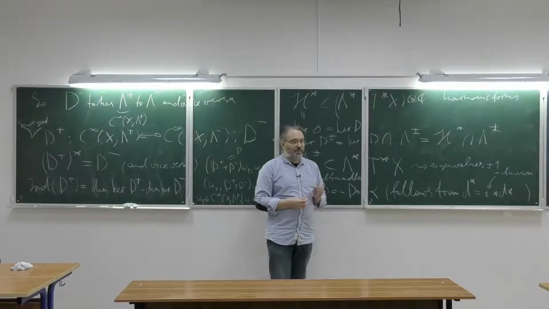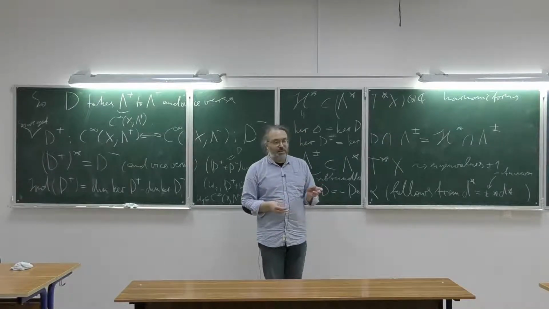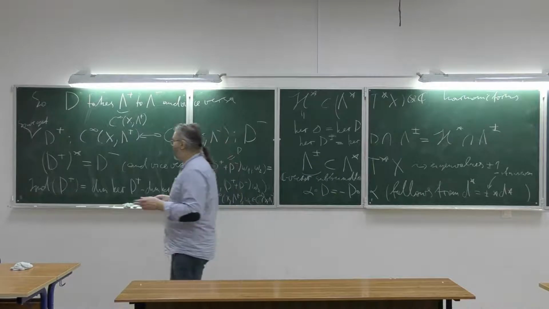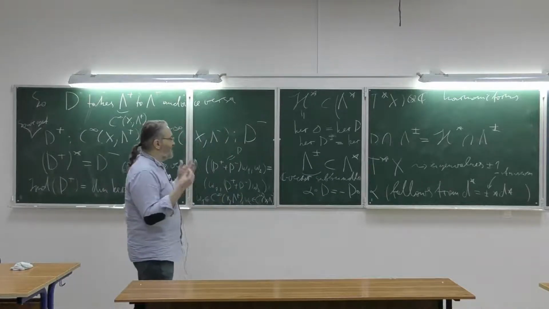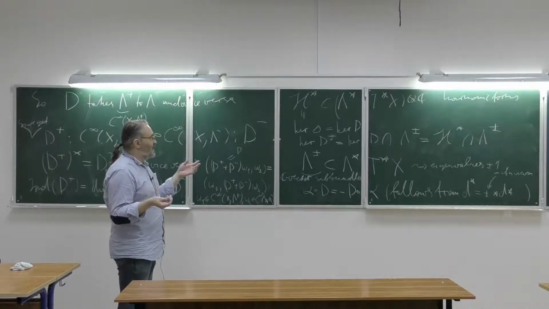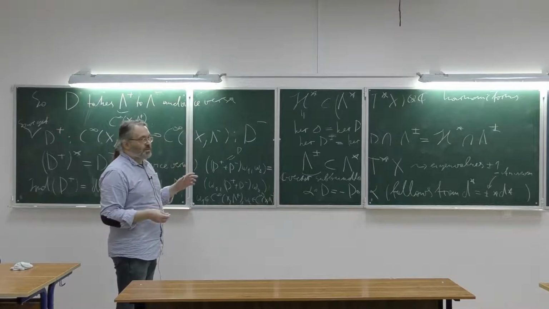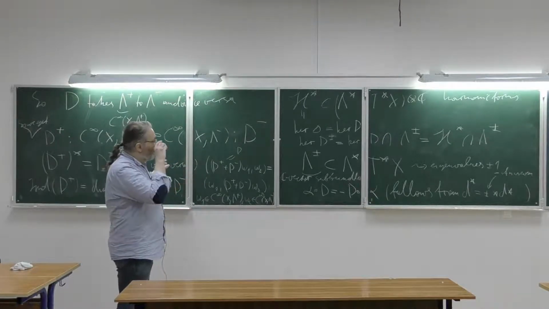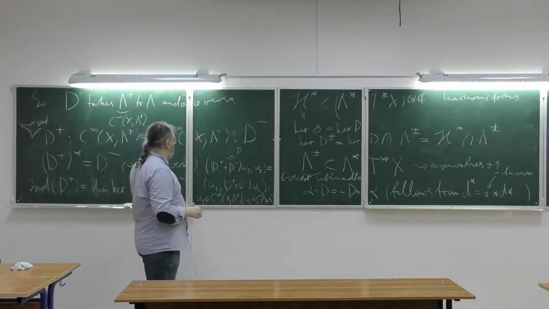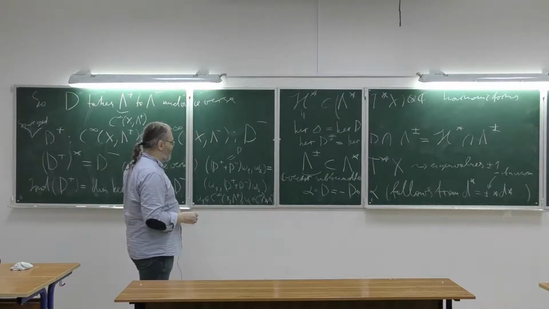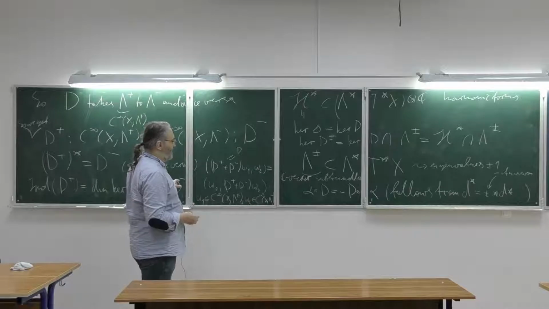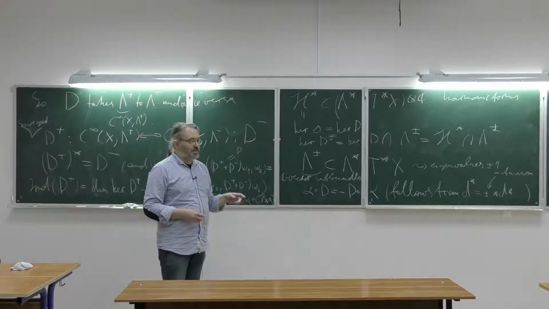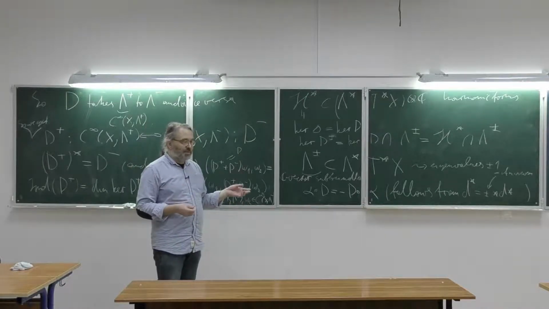And d, so what does it mean restricted to lambda plus? It means restricted to sections of lambda plus. So if I have a section of lambda plus, then d of the section is a section of lambda minus, and vice versa.